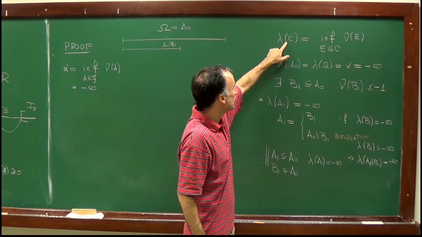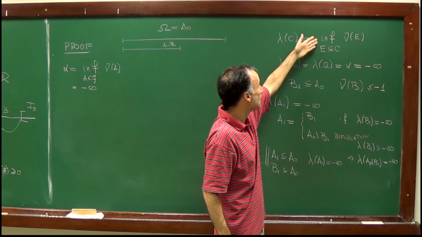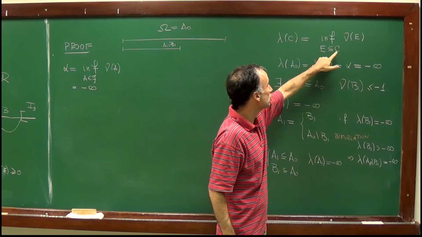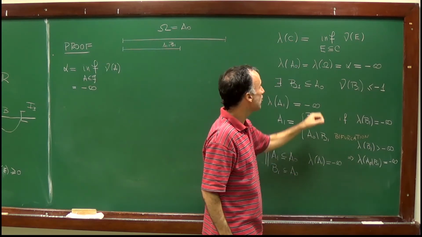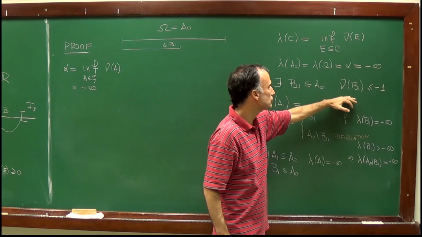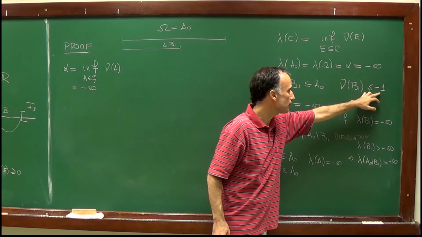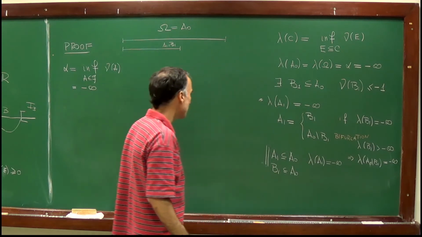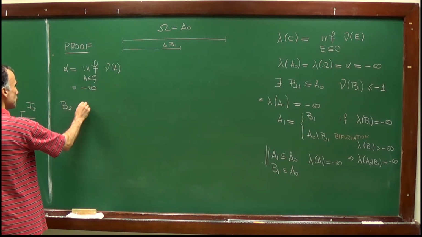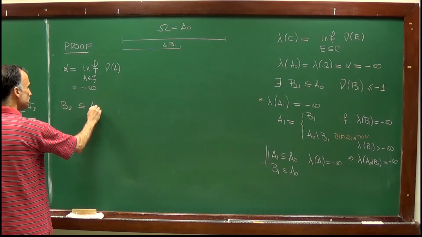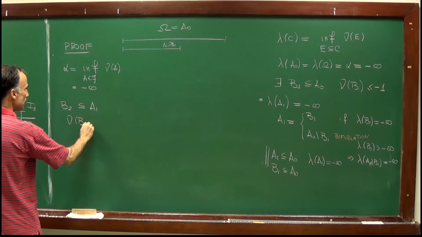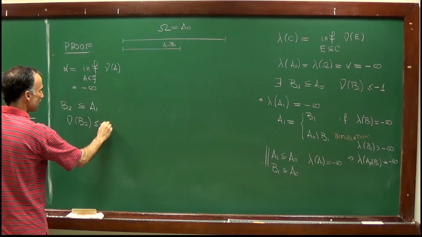Since lambda, this infimum, is minus infinity, we can clearly find one set which is contained in a1 and whose measure is less than or equal to minus 2. So b1 had a measure less than or equal to minus 1. Now we'll find the set b2, which is contained in a1 and whose measure is now less than minus 2.